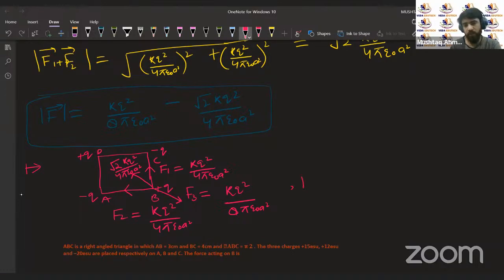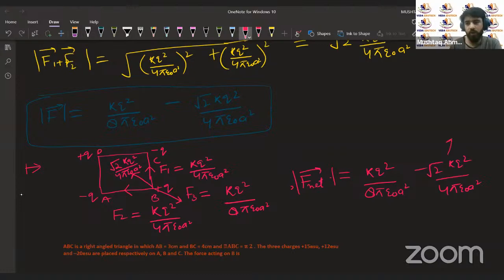The net force once again will be the vector subtraction of these two forces. That's kq square upon 8 pi epsilon naught A square minus root 2 times kq square upon 4 pi epsilon naught A square. So this will be the net force here.